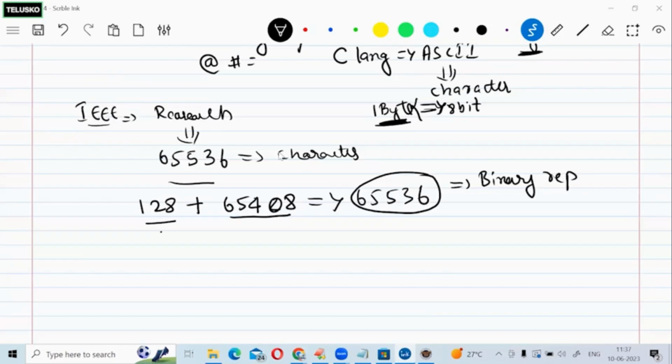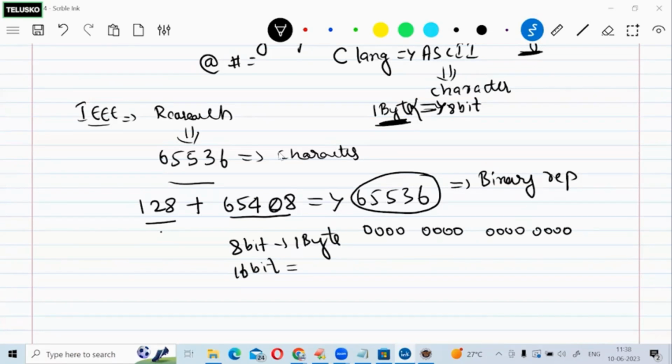If you want to give binary representation for all these characters, then you need 16 bits. How many bits are required? 16 bits. If you give 16 bits, only then will you be able to store these characters. 8 bits is equal to 1 byte, and 16 bits is equal to how many bytes? 2 bytes.